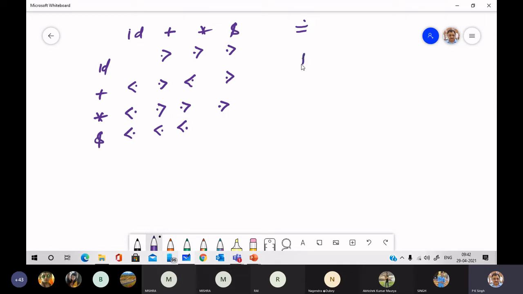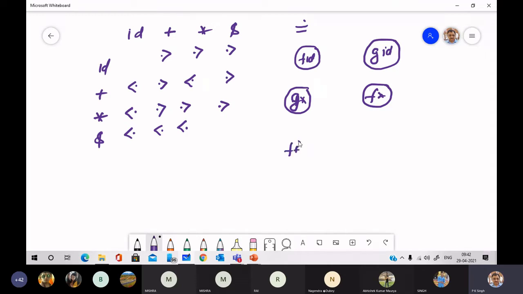First see f ID, a node of the graph, g ID, a node of the graph, g asterisk, a node of the graph, f asterisk, then f plus, g plus, g ID, and here f ID.